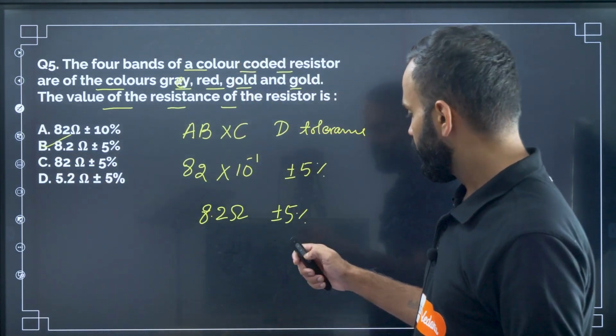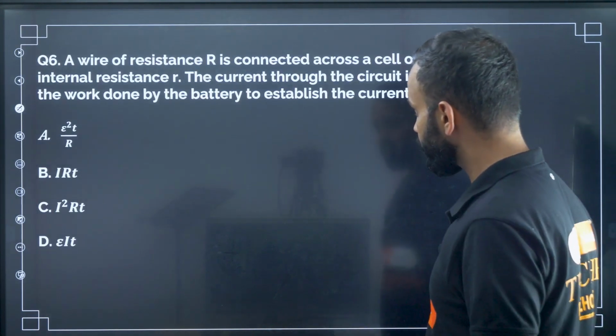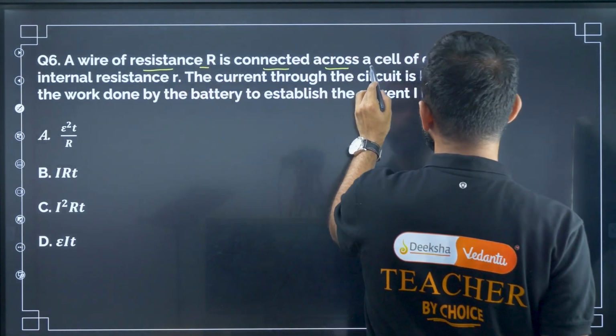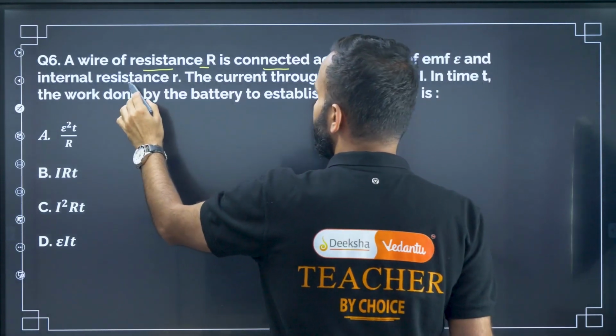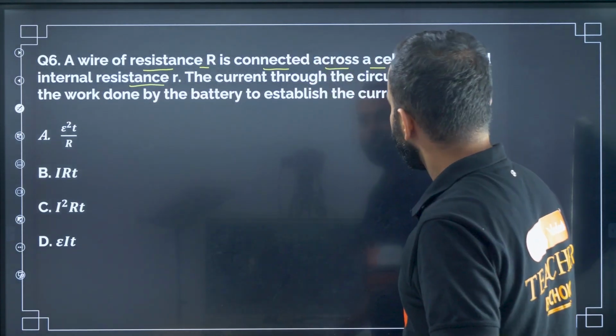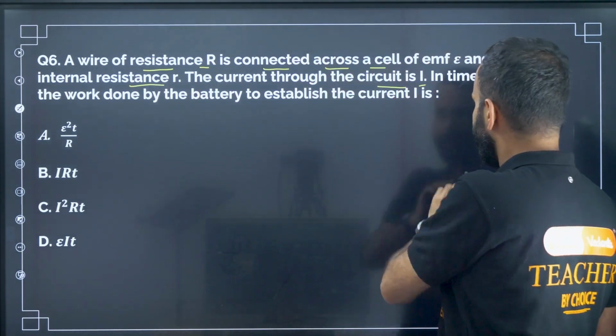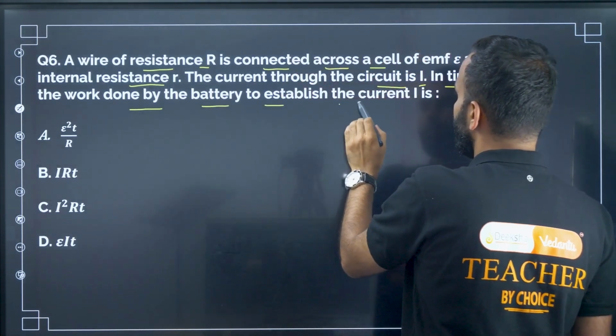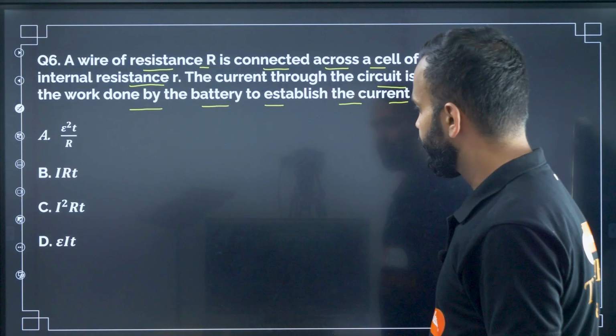Okay. Next question, question number 6. A wire of resistance R is connected across a cell of EMF E, internal resistance r. The current through the circuit is I. In time t, the work done by the battery to establish the current I is.